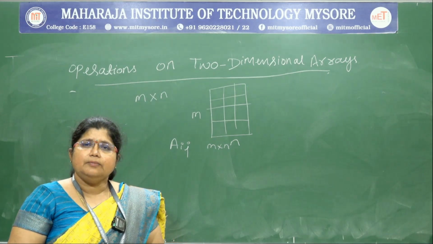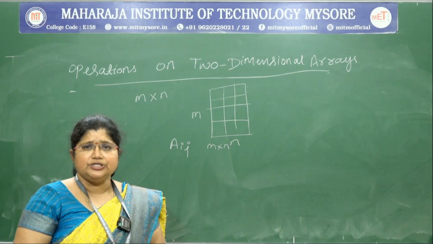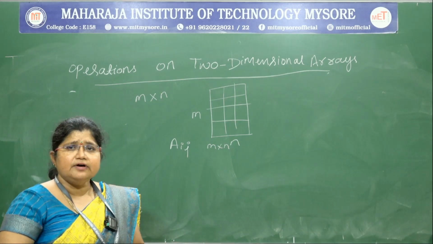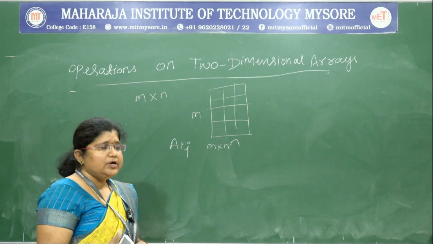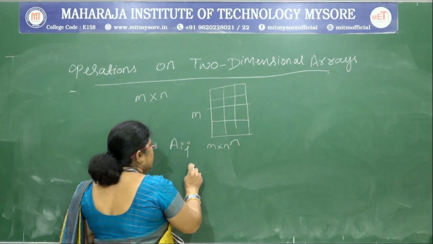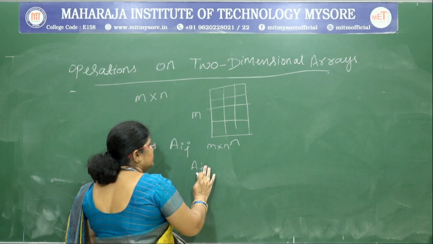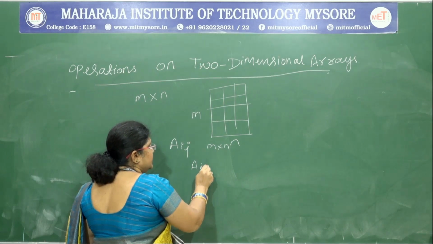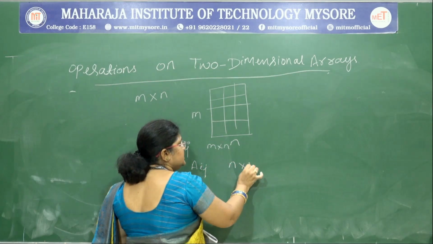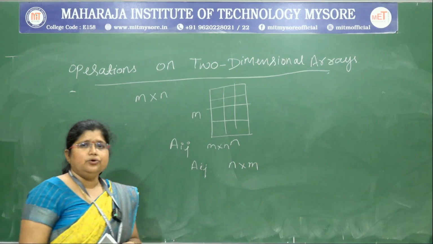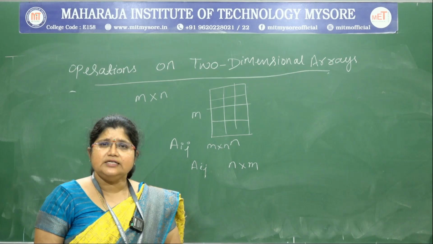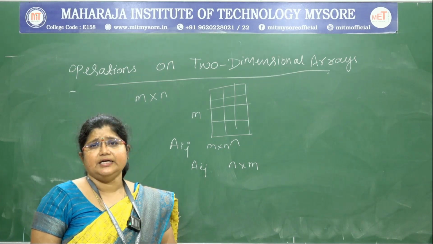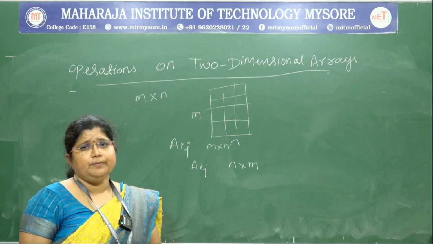And we can apply the transpose operation by just converting the rows into columns and columns into rows. That is, by converting A[i][j] to an n cross m matrix. So m cross n is the original matrix, whereas the n cross m matrix is the transpose of the matrix.